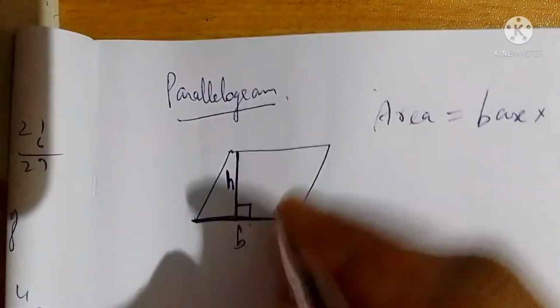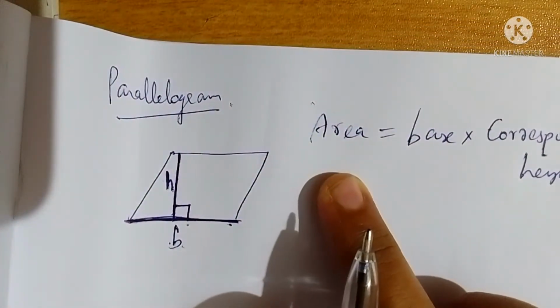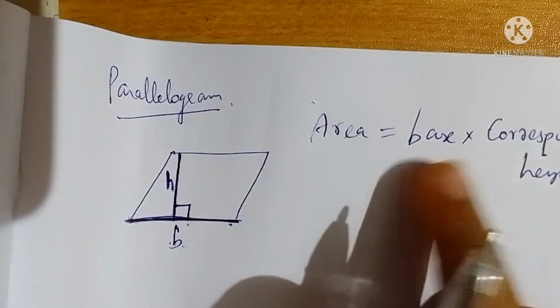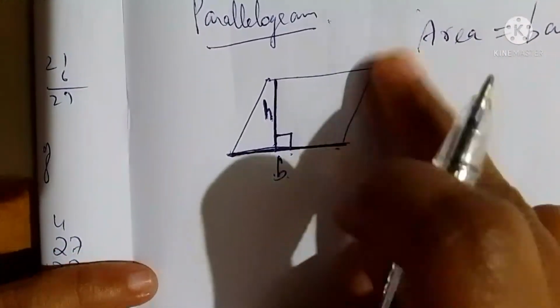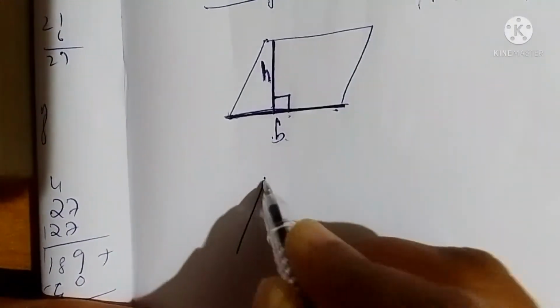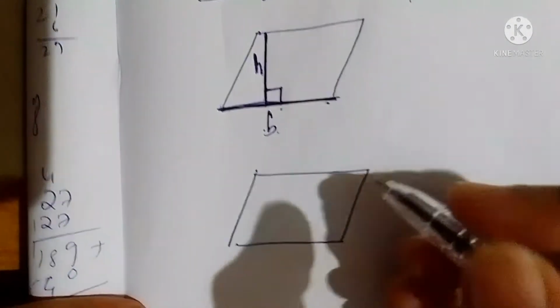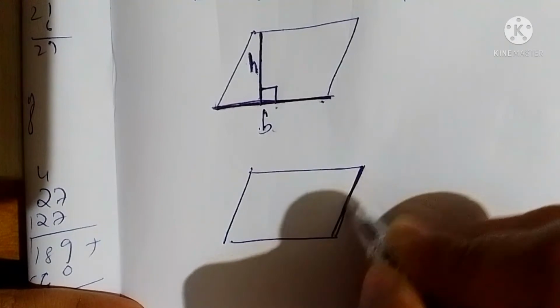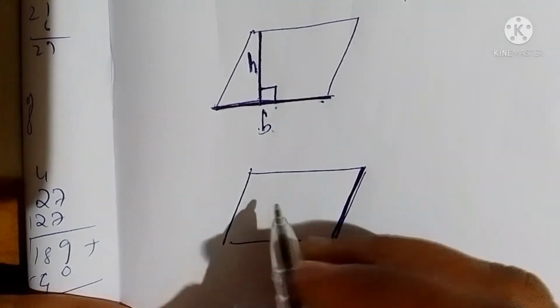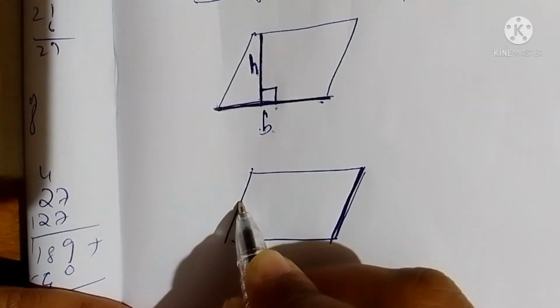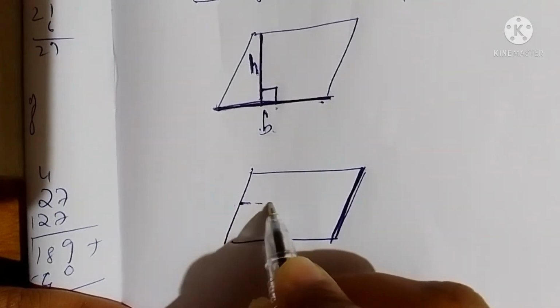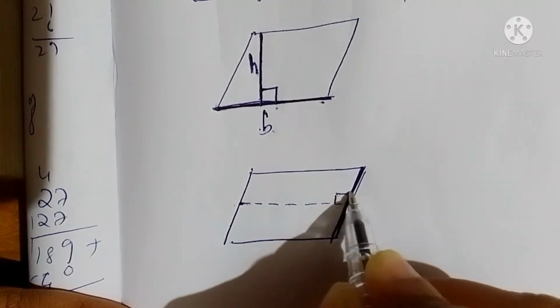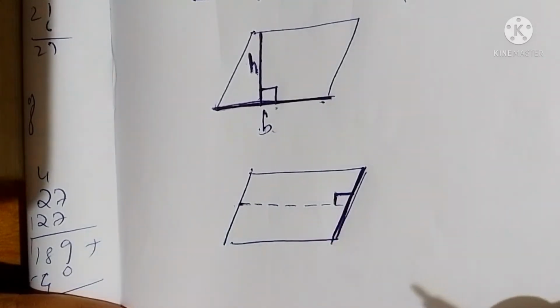If the base and height are given, you can find the area of the parallelogram using this formula: area equals base into corresponding height. If you take this side as the base, you can take any side as the base, and you can draw the corresponding height from the opposite side. Just draw a perpendicular; it should be perpendicular, 90 degrees.